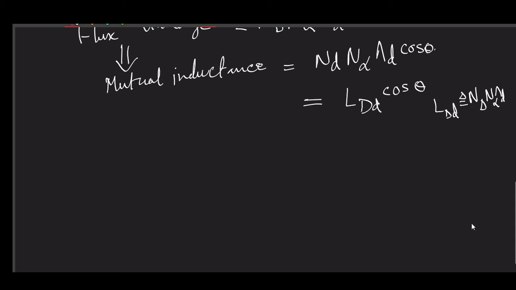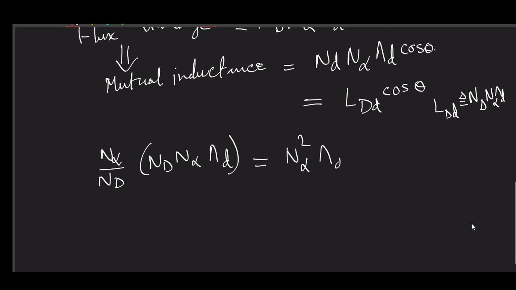So if we try to represent everything in terms of rotor or armature number of turns, then this will become the same formula. So that will give us, right?